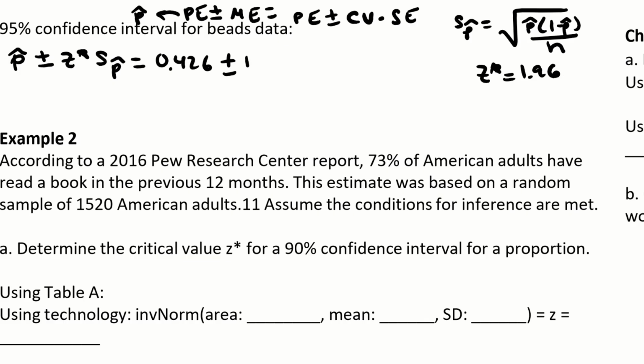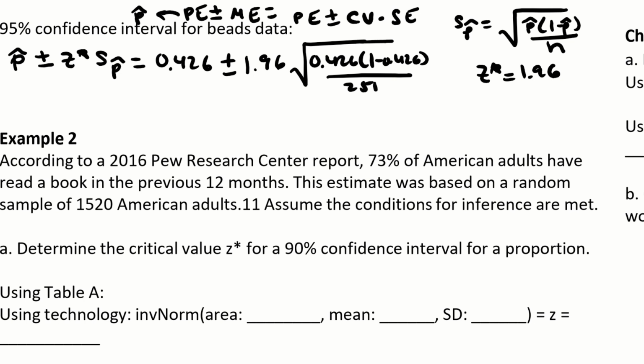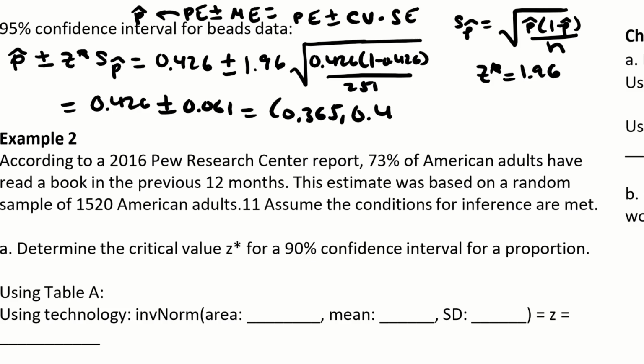And then calculate the standard error, 0.426 times 1 minus 0.426 over 251. This is going to give us a more accurate, a more precise confidence interval than just using the 2. 0.426 plus or minus 0.061 when we calculate that. And that's going to give us 0.365 and 0.487.